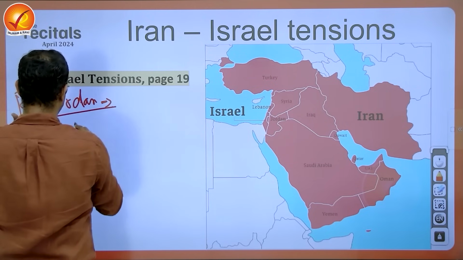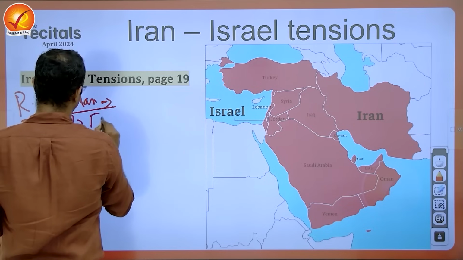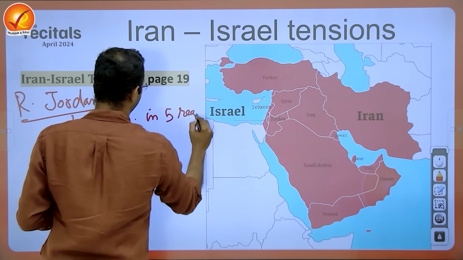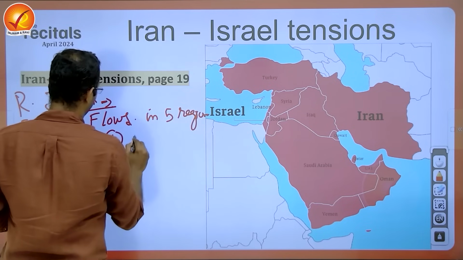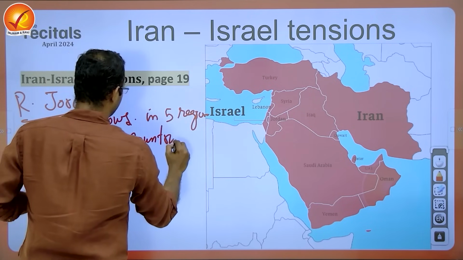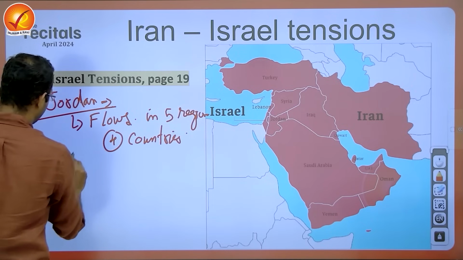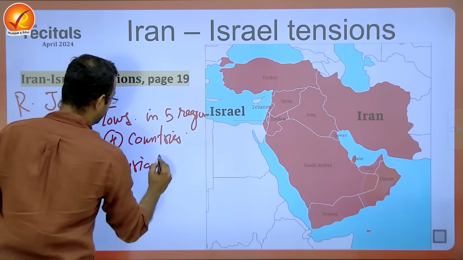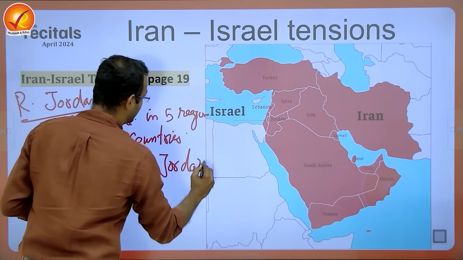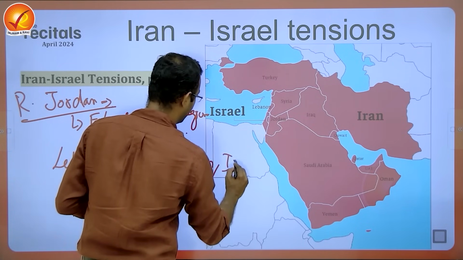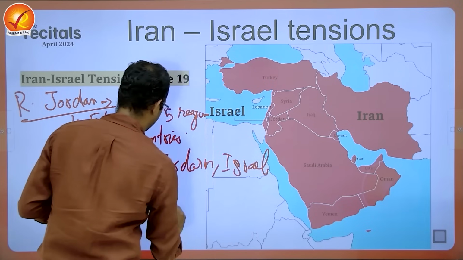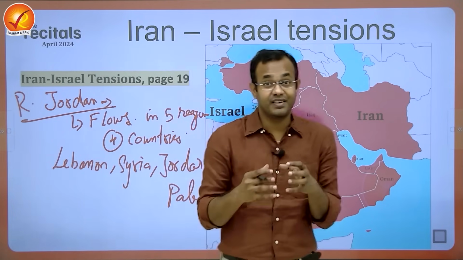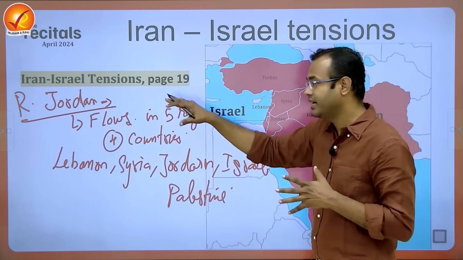River Jordan flows in 5 regions or 4 countries, which includes Lebanon, Syria, Jordan, Israel, Palestine. This is the region where the river basin of Jordan is present.